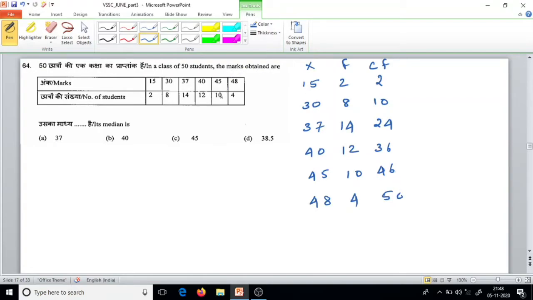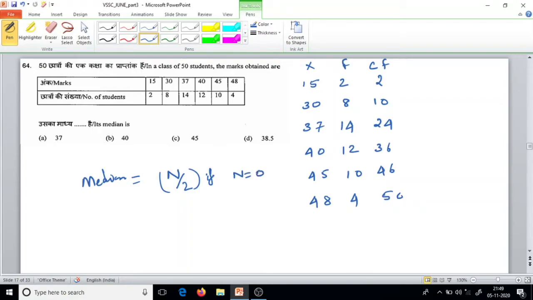Now what is the equation for the median? Median equals the n by 2 term, if n is odd; this equation we have to use.